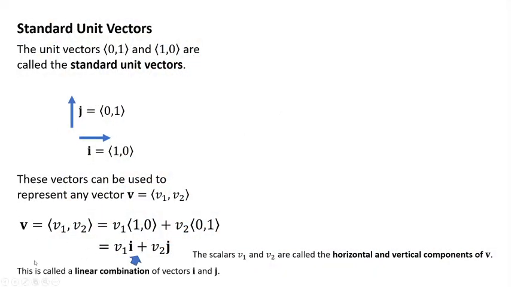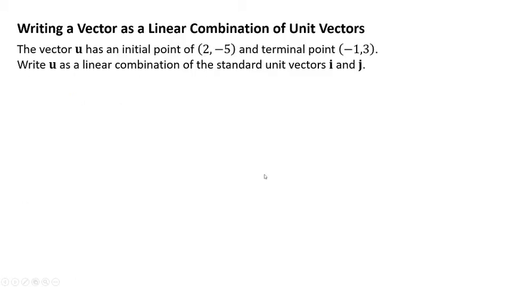And when we describe any vector this way, we call this a linear combination of vectors i and j. So however many i's, however many j's added together, that's a linear combination of vectors i and j. So let's write this vector here as a linear combination of unit vectors.